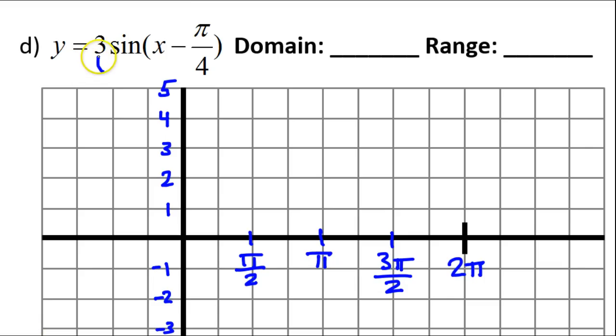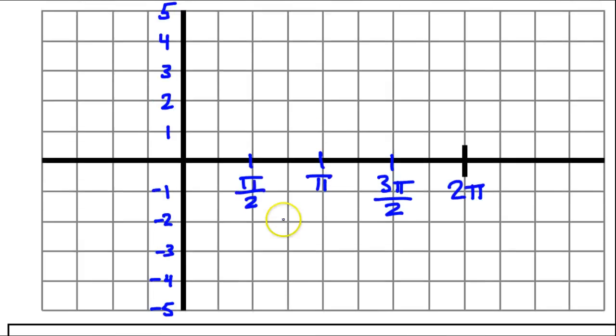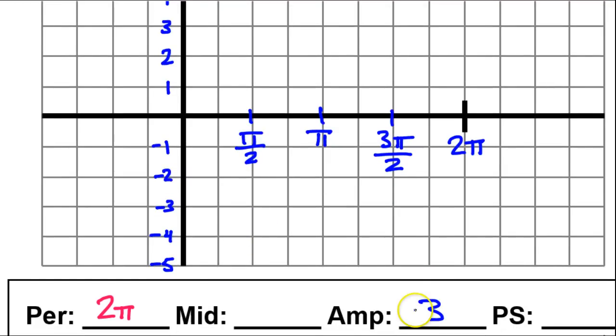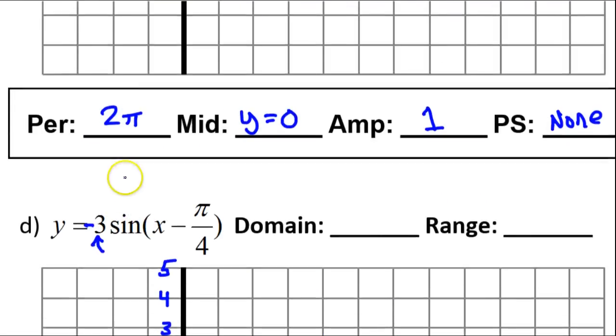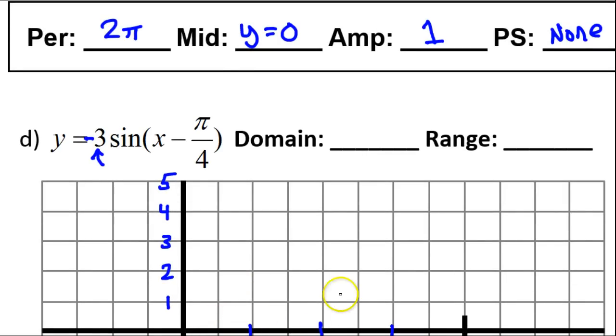A number in this position tells us the amplitude. So the amplitude is 3. The amplitude is always positive. So even if this had been a negative 3, the amplitude would still be positive 3. What about the midline? Well, the midline is normally 0, the x-axis, y equals 0.